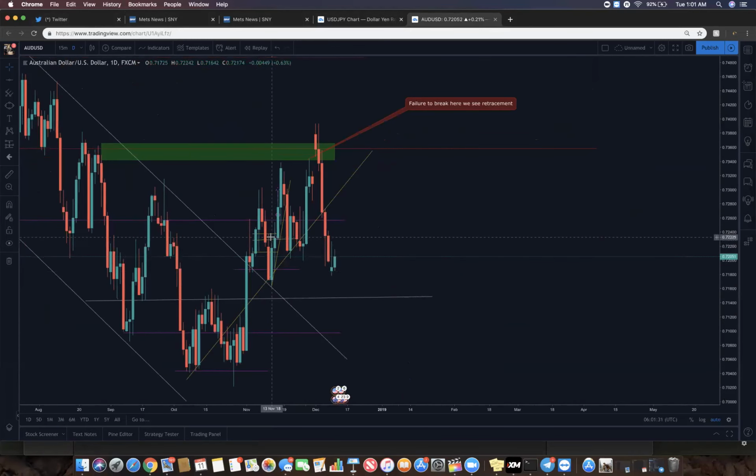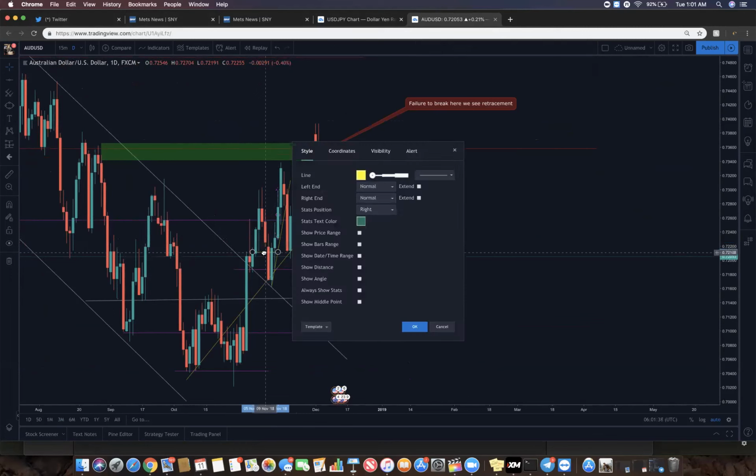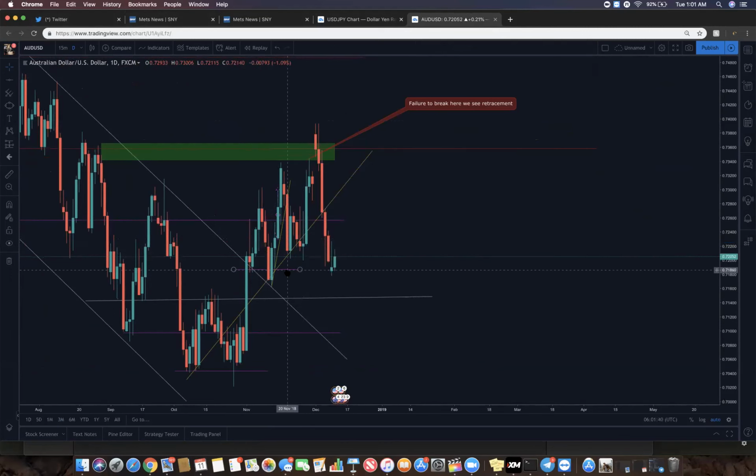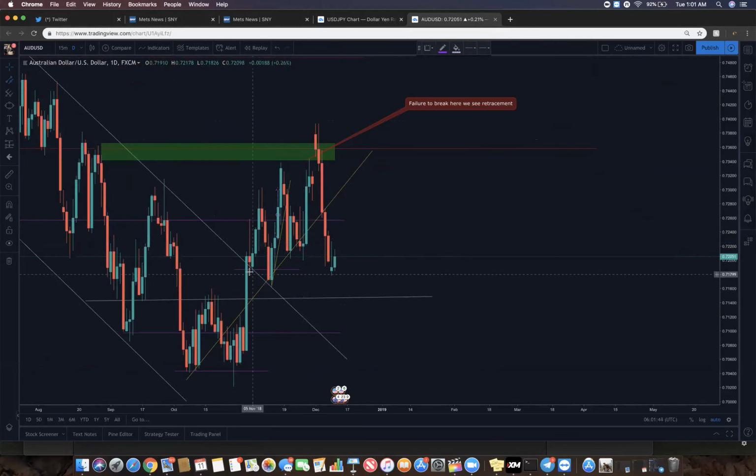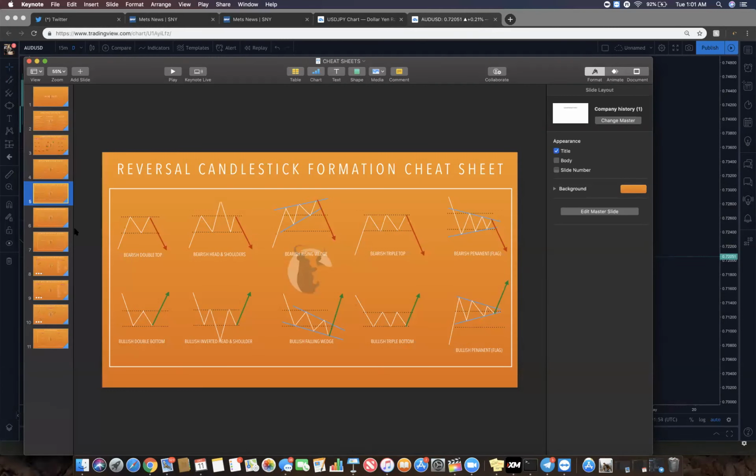You see how, let me delete some of these lines. You see this bullish push and then the market formed a rising wedge here? If you pull up your cheat sheet, a bullish push after a rising wedge is a sign of a reversal.